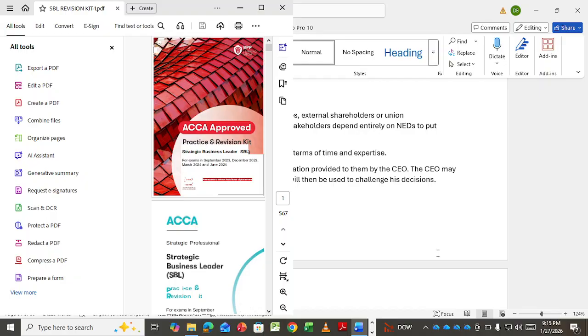They could be required to be much more involved, almost on a day-to-day basis, to be able to scrutinize the different proposals which are on the table, to give more time to the company, which would not be one of their major requirements.